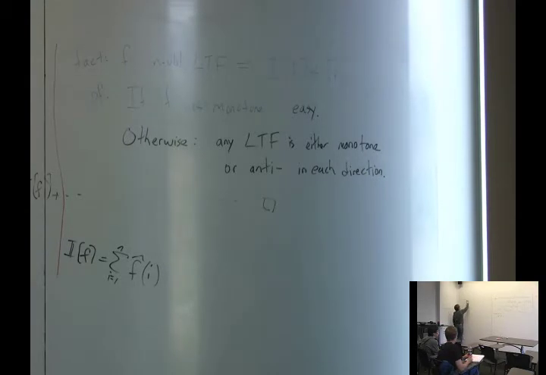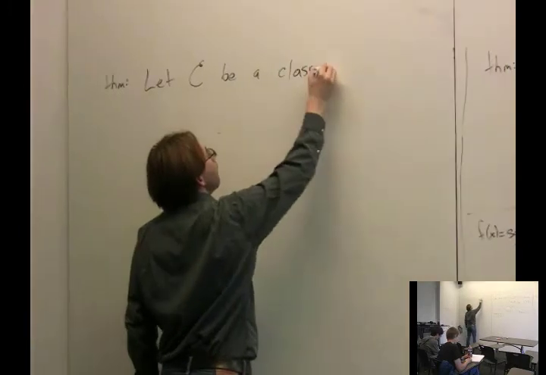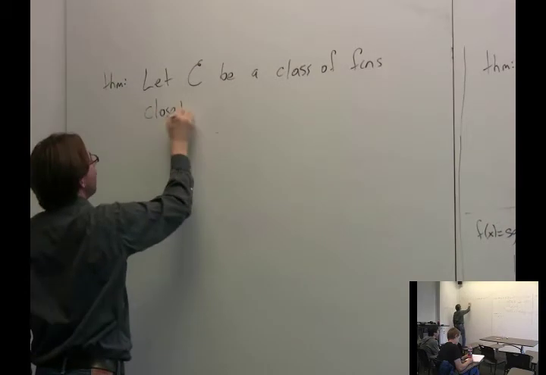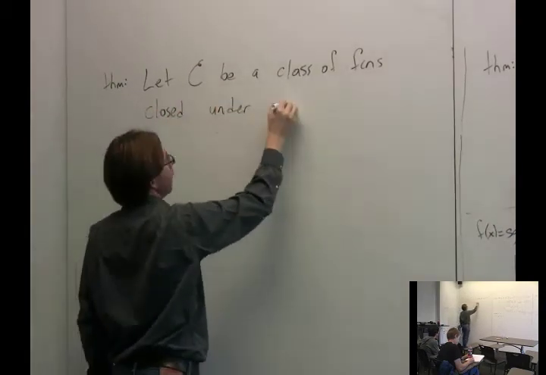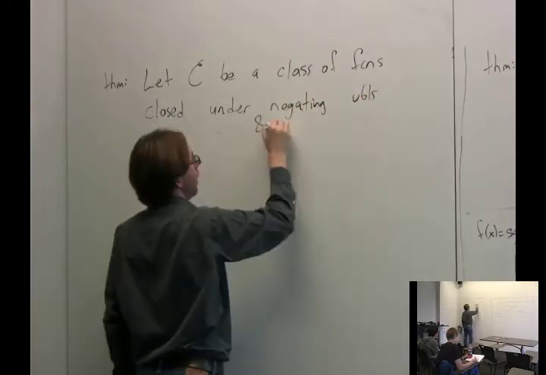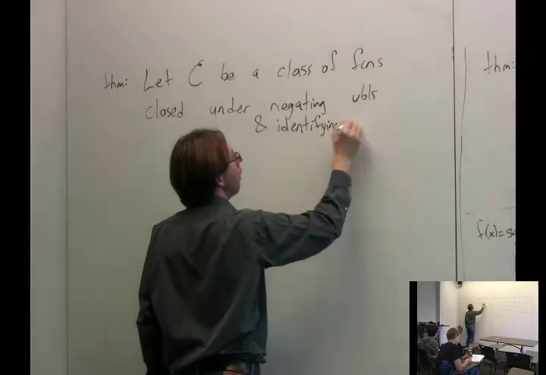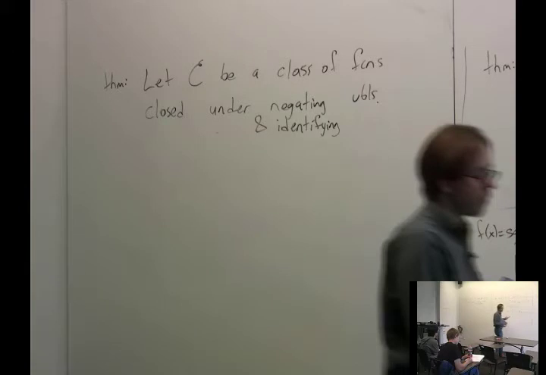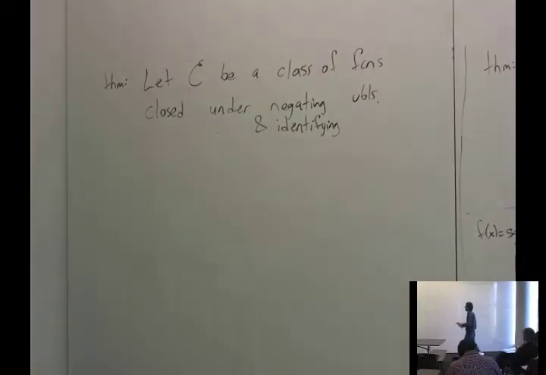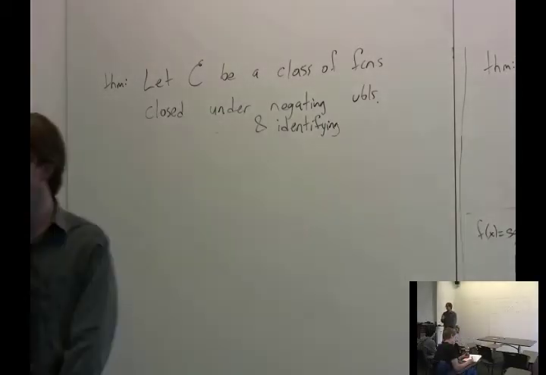It's a bit long to state, but let C be a class of Boolean functions which is closed under negating variables and also identifying variables. That means if you reverse true or false for one coordinate, the resulting function is still in the class. And also if you set two variables to be equal, like x3 is always the same as x7, it's still in the class.